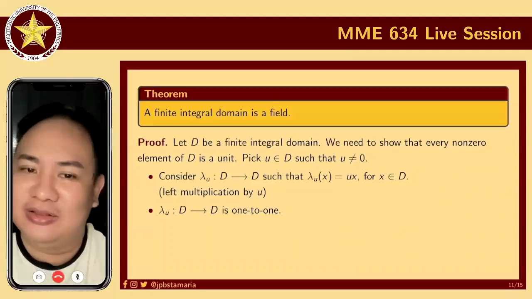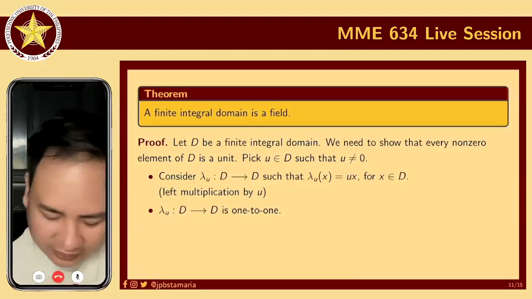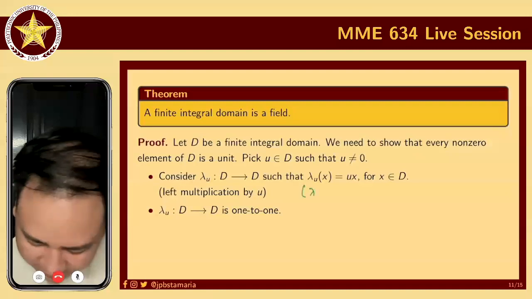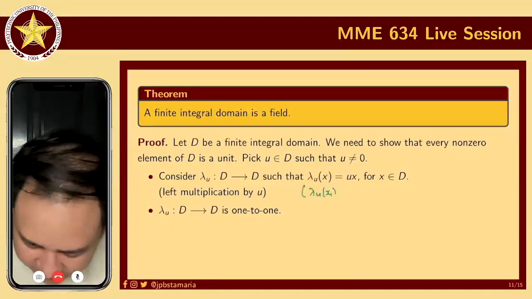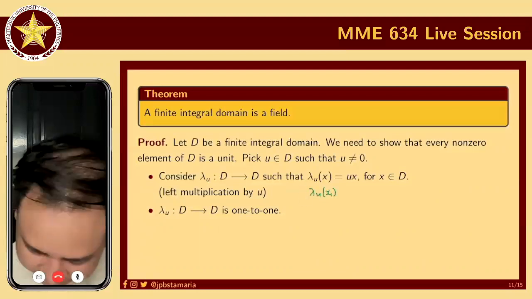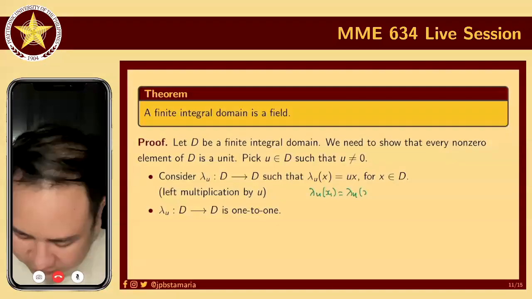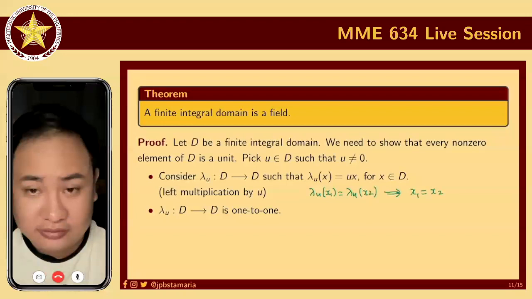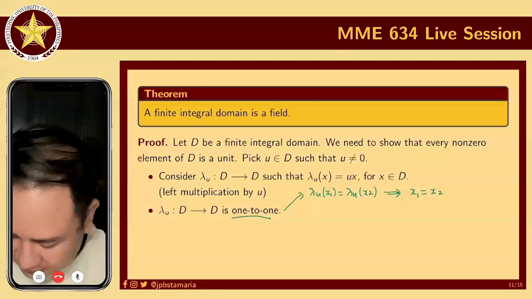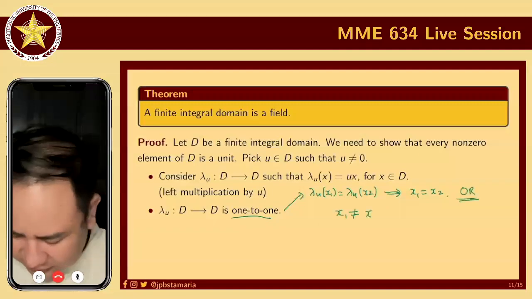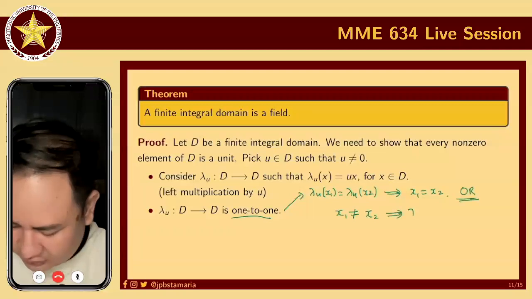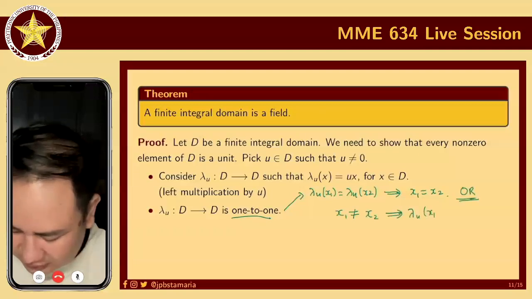Ano ibig sabihin natin ng 1 to 1? Ang ibig sabihin ng 1 to 1 siya, kapag lambda u of x1 ay nag-equal sa lambda u of x2, magka-follow na ang x1 ay equal sa x2. Equivalently, kapag ginawa yung contrapositive, pag hindi parehas yung x1 at x2, yung mga lambdas nila ay hindi rin parehas.